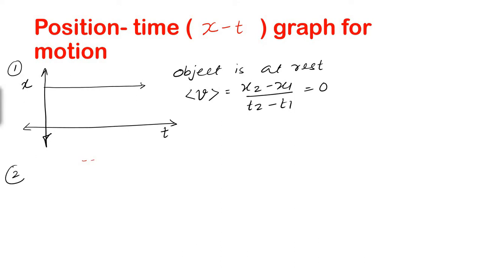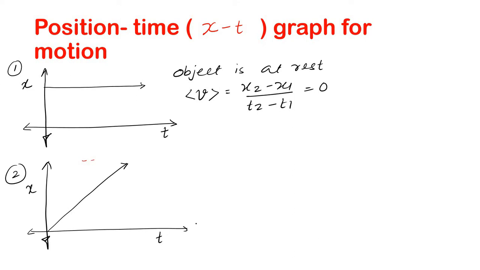Second case, let us say the x-t graph is a straight line with non-zero slope. The first was also a straight line, but it was parallel to the time axis, and its slope, that is tan theta, was 0. Now this is a straight line where the slope is not 0. It has a positive slope.